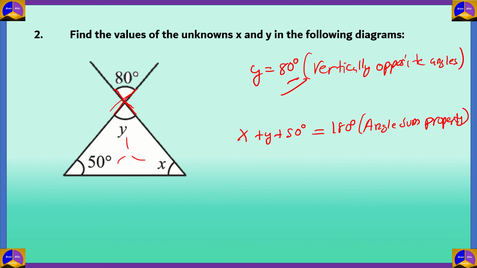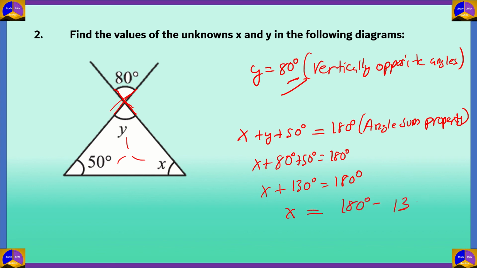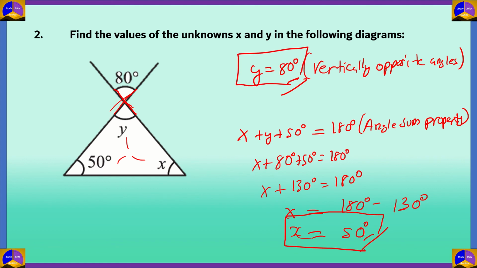So we know the value of y, so x plus 80 degrees plus 50 degrees would be equal to 180 degrees. x plus 130 degrees would be equal to 180 degrees. x would be equal to 180 degrees minus 130 degrees, which gives us 50 degrees. So in this diagram, x is equal to 50 degrees and y is equal to 80 degrees.